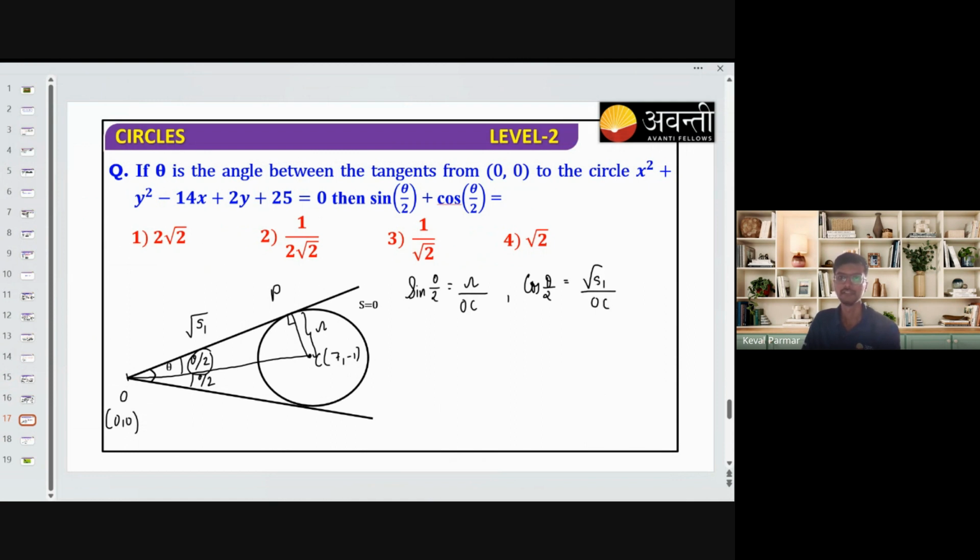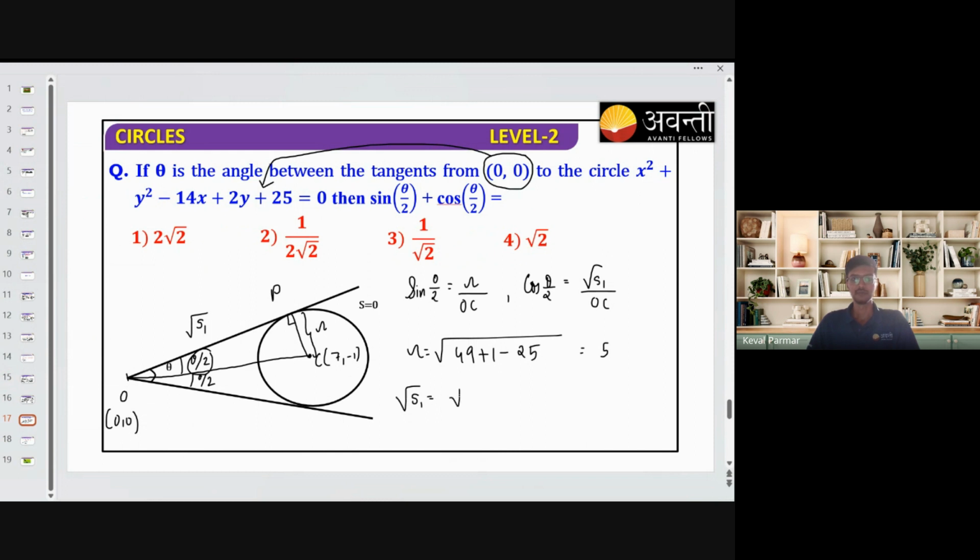So let's find all these values and substitute them. What is the value of R? Radius is under root of g square plus f square. So 49 plus 1 minus 25, which is I think 5. What is root S1, guys? Substitute the point (0, 0) in the equation.